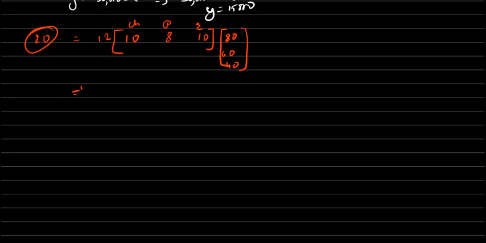Consider this 12 as outside of this matrix. Start from here. We are obviously using this sign, so we cannot make a mistake. 10 into 80 plus 8 into 60 plus 10 into 40.